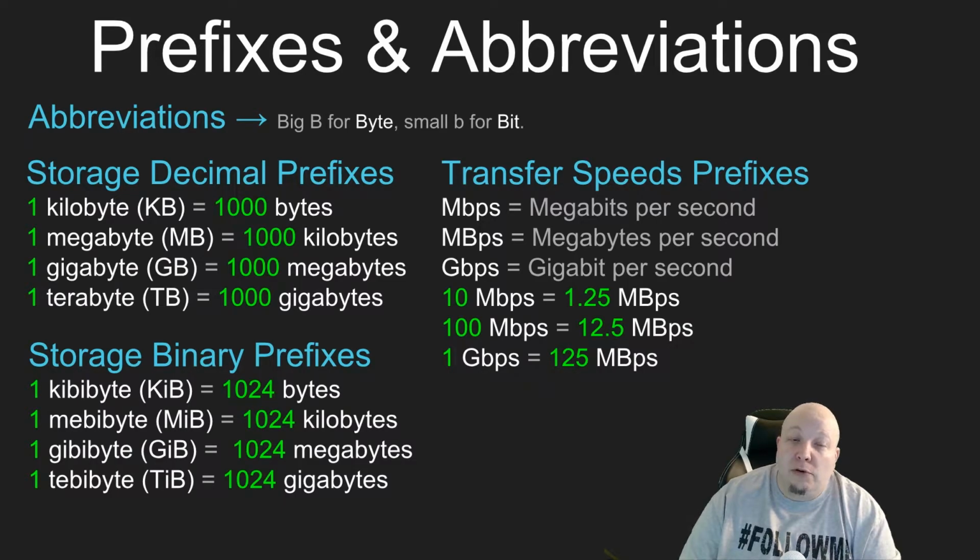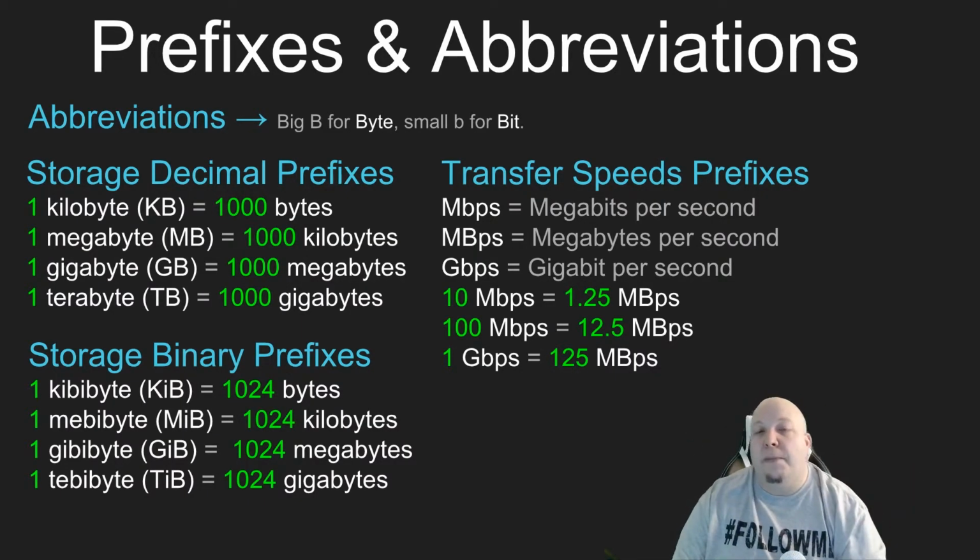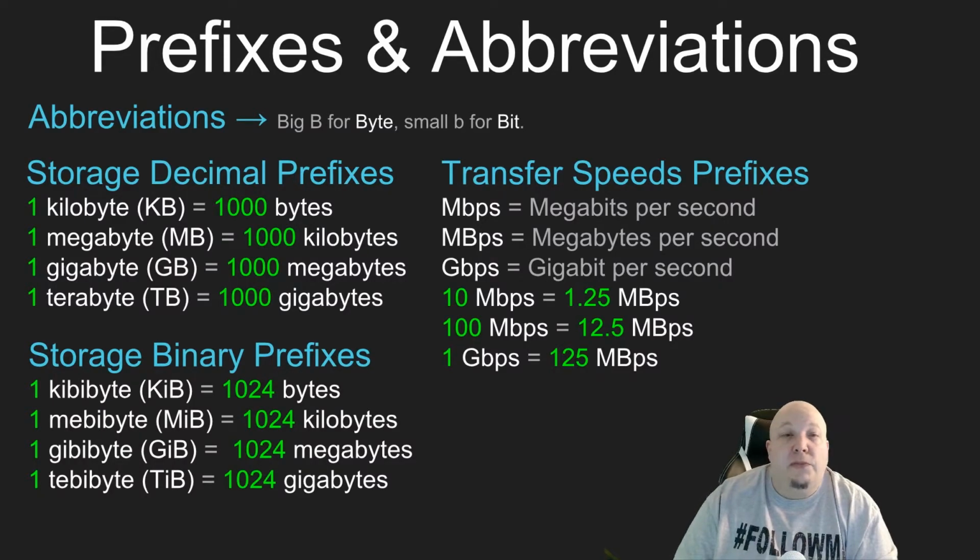But when it's a lowercase b, that refers to a bit. So when we look at transfer speeds, you tend to talk about megabits per second, which is abbreviated as Mbps. But you can see that the b is actually a lowercase b, so that refers to megabits per second.